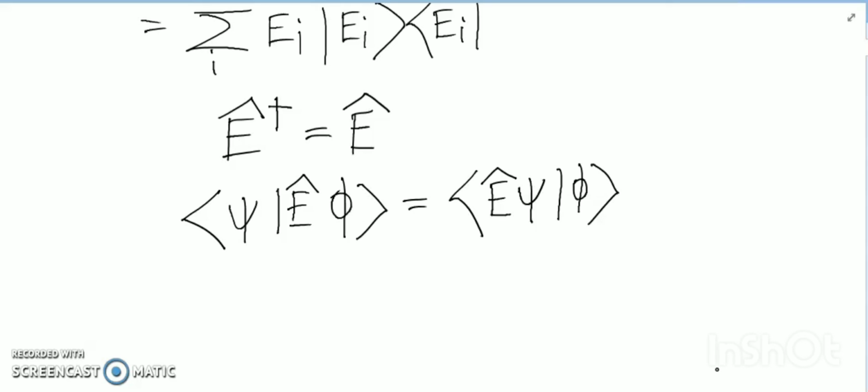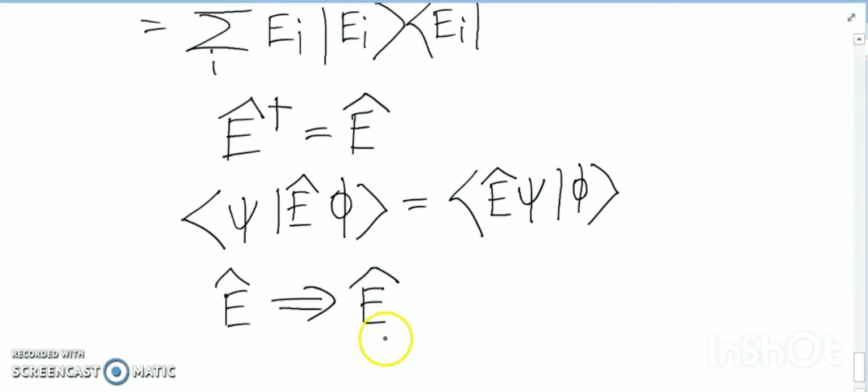So friends, whatever we learned, an observable is equivalent to its adjoint, E equals E cap, and the span of the ei is equal to V. So observable equals Hermitian operator. You have to remember it.